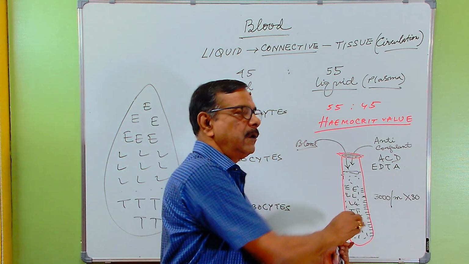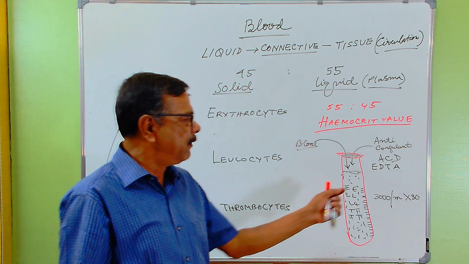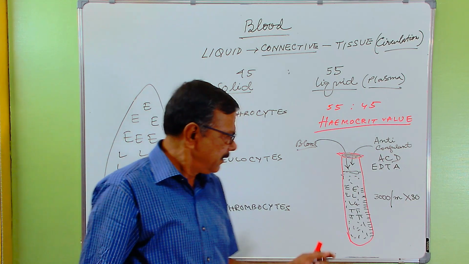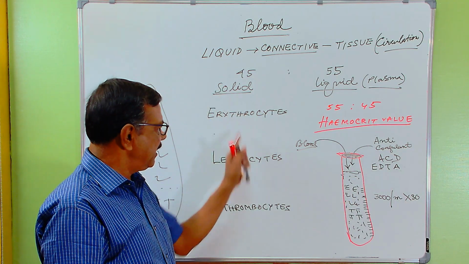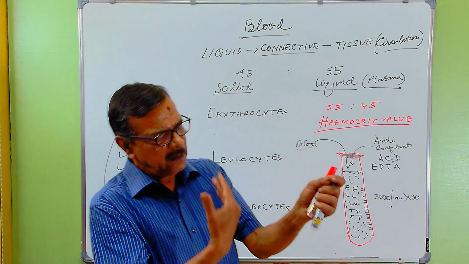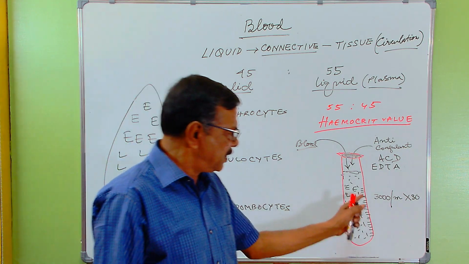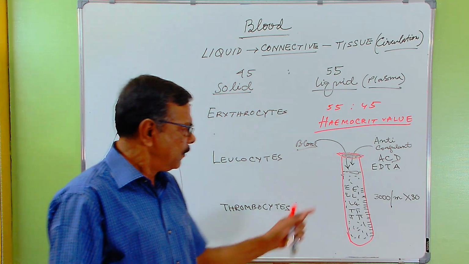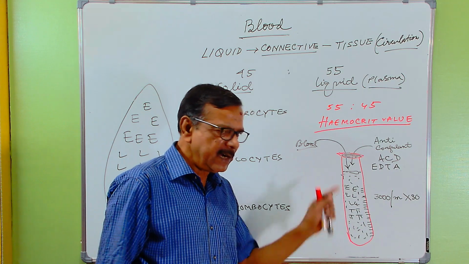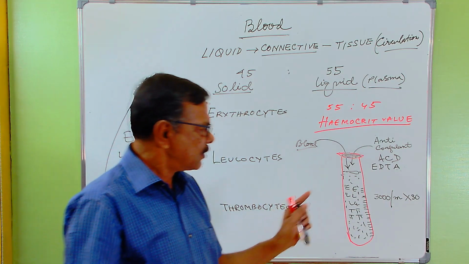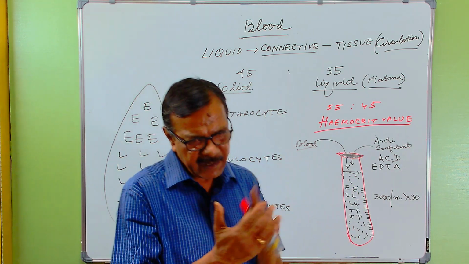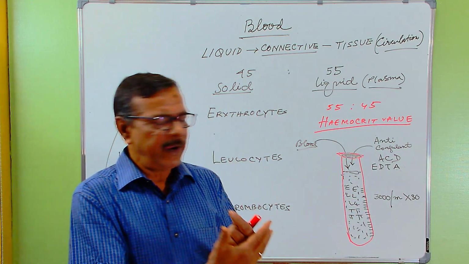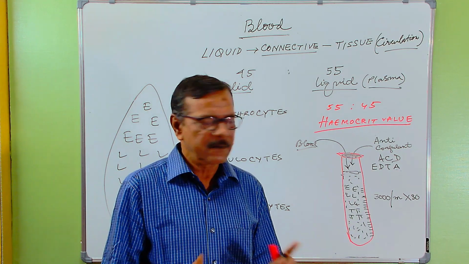Even then blood will not coagulate because I have added anticoagulant. Whenever it is revolving, these small elements are so delicate that if they touch the wall of the tube, they may disintegrate or burst. So the tube should be provided with some wax, like airbags in a car, so that even if it collides, it will not burst.